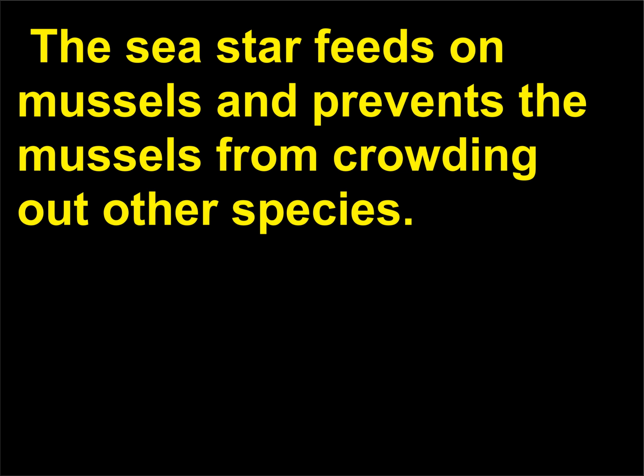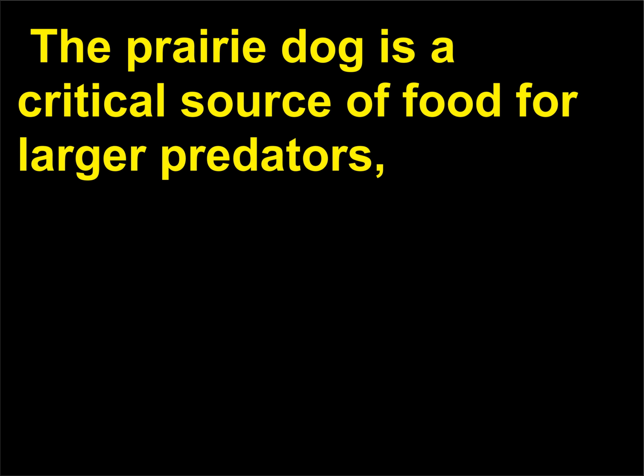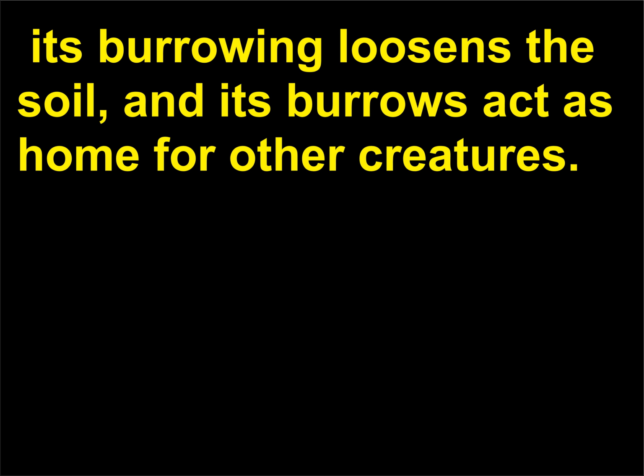The sea star feeds on mussels and prevents the mussels from crowding out other species. The prairie dog is a critical source of food for larger predators. Its burrowing loosens the soil, and its burrows act as home for other creatures.